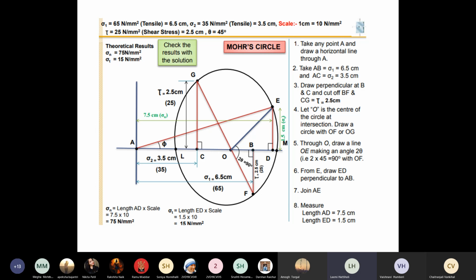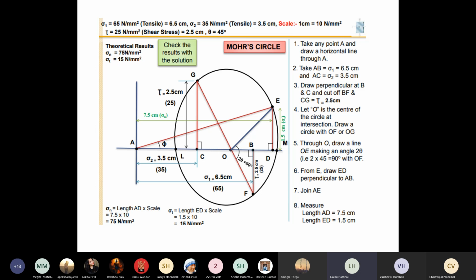So take a point A and draw a horizontal line through A. So I have just made a graph sheet, x-axis, y-axis. I have marked the point A. From the point A, I have drawn the horizontal line. This horizontal line indicates the direct stress axis. And from the point A, I have drawn the y-axis. This indicates the shear stress axis, right?